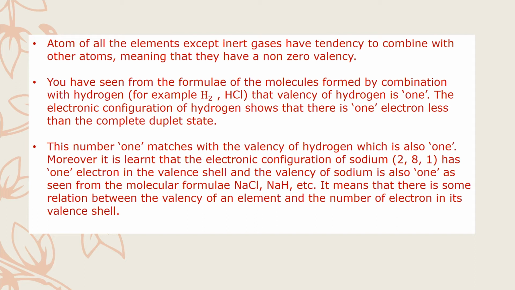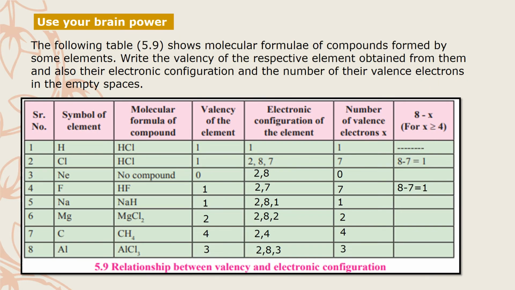We have also learned that the electronic configuration of sodium, that is 2, 8, 1, has one electron in the valence shell, and due to that the valency of sodium is also 1 from its molecular formulas, NaCl and NaH, that is sodium chloride and sodium hydride. So it means that there is some relation between the valency of an element and the number of electrons in its valence shell. Now use your brain power.